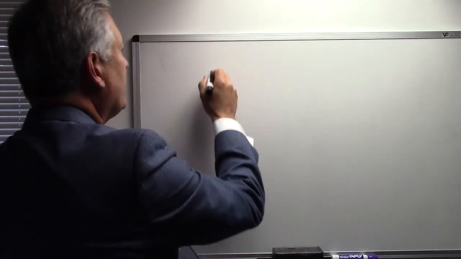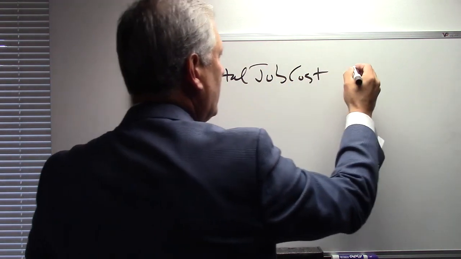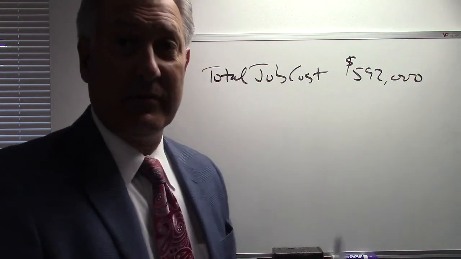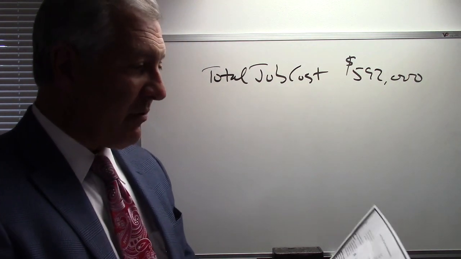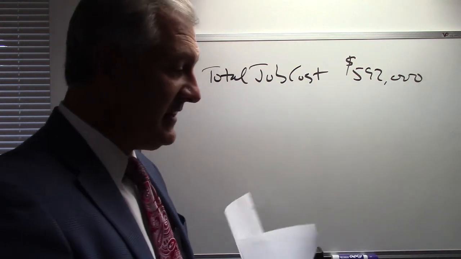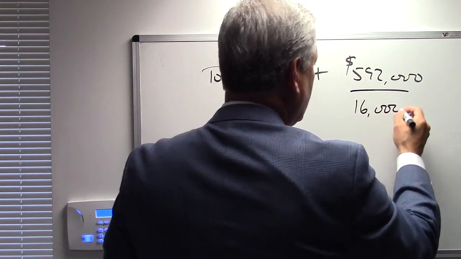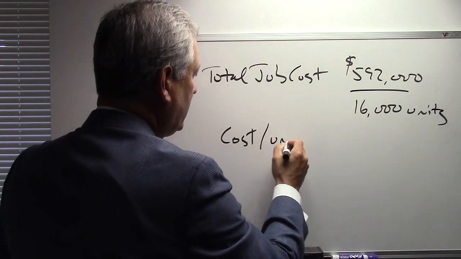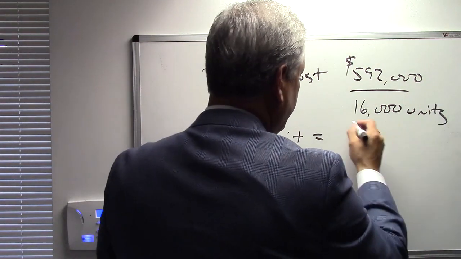So they have the total job cost was $592,000. That included direct materials, direct labor, and manufacturing overhead. And at the very beginning of the problem, they specifically told you that this was an order for 16,000 units. So we're going to divide it by 16,000 units. Cost per unit equals $37.